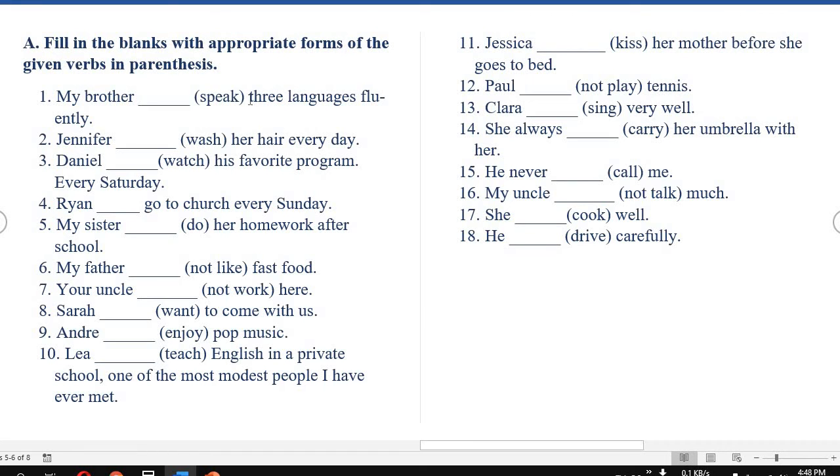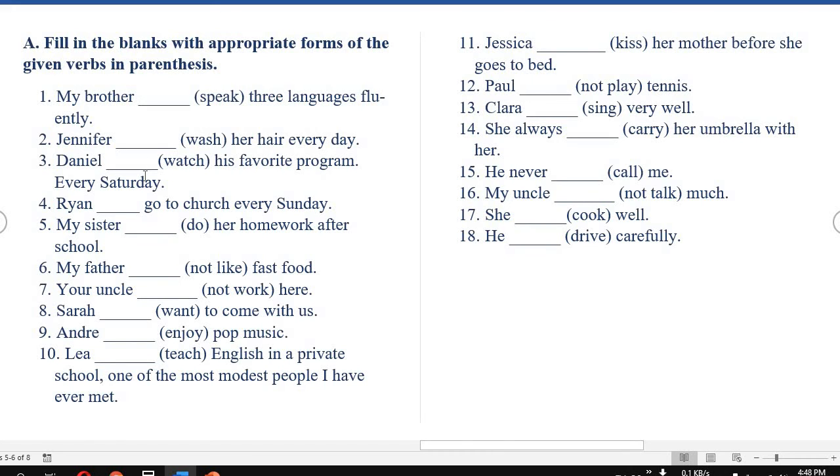You can see that all the questions have a verb in parentheses, right? Speak, wash, watch, do, not like. Okay, we have to use the right form of this verb to fill in the blanks.